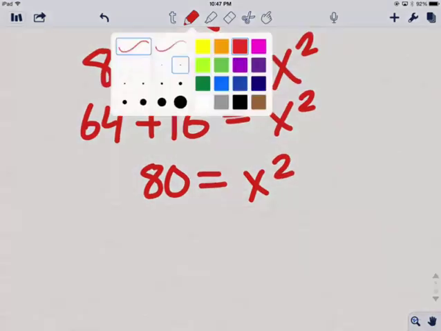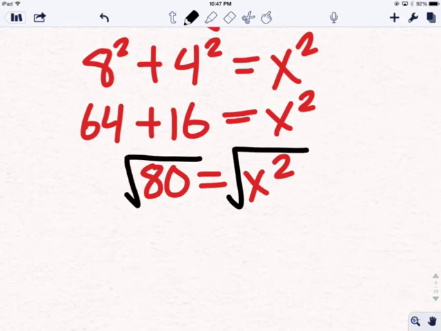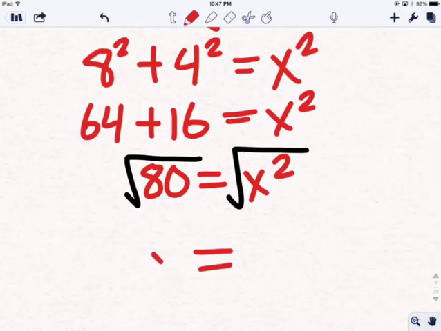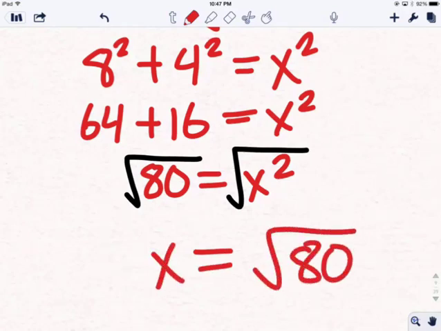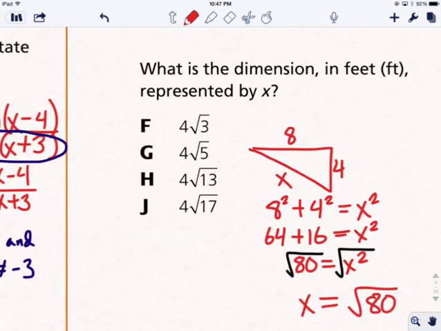Now, in order to find what x is, what do you have to do to both sides of the equation? You have to square root. So if we square root both sides, that means that x is equal to the square root of 80. Now the square root of 80 is not one of your answer choices, because all of these answer choices are simplified radicals.